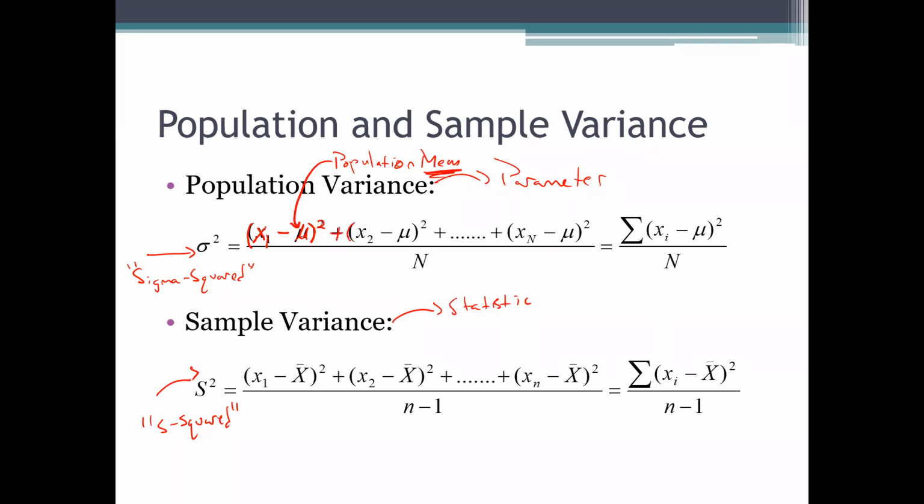Then you add to it. You go to the second value in your data set, x sub 2, subtract away the mean, and square that. You keep going until you get to the last value in your data set, x sub capital N. You subtract away the mean and square it, and then you divide by capital N, which is the population size.